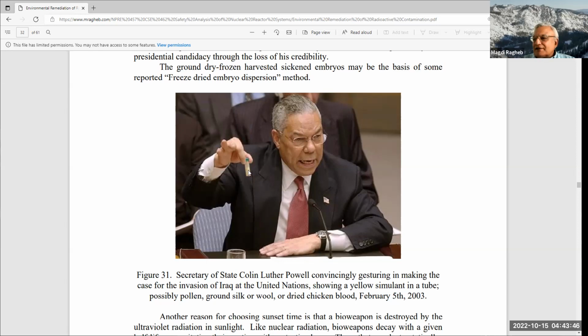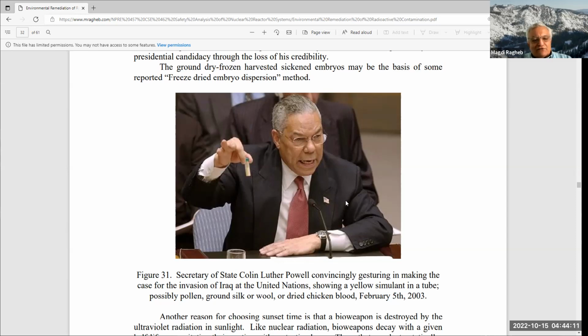It was either pollen as a way of dispersing the biological agent, because pollen, of course, floats in the air. You could see it float from pine trees in the spring. Some people say it may have been ground wool, and some people say, oh, it was just dried chicken blood.